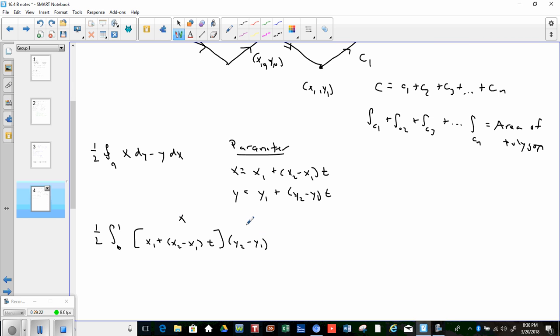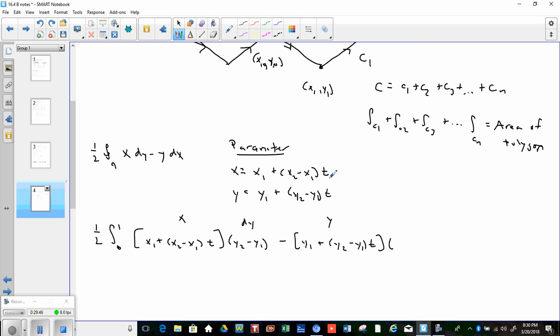So this is like your x. This part is your dy minus y, which is this piece right here, y1 plus y2 minus y1 t times dx, which is the derivative of this piece. Same idea as the one down here.